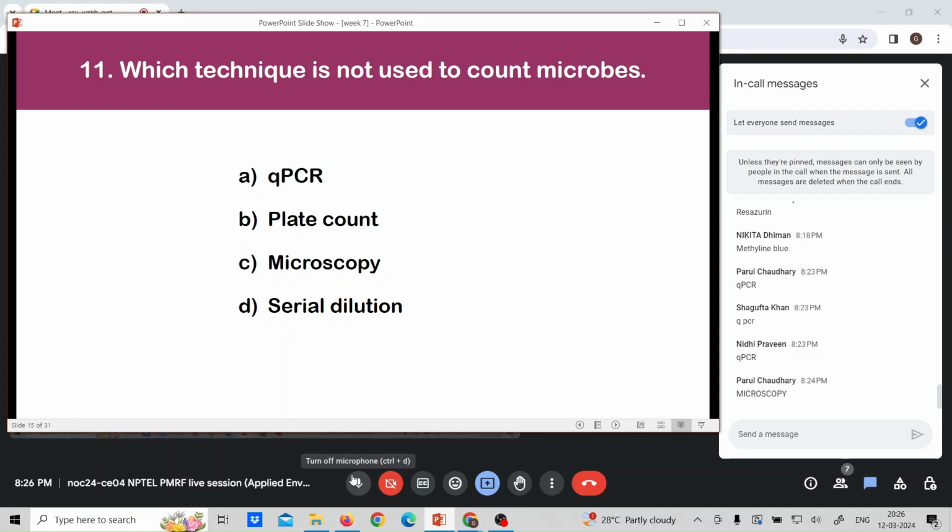Any more answers? We have qPCR, we have microscopy.